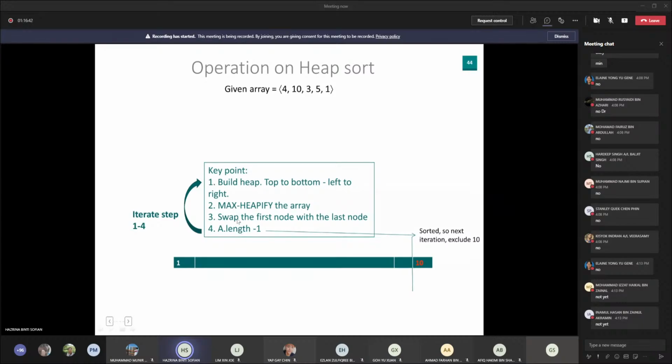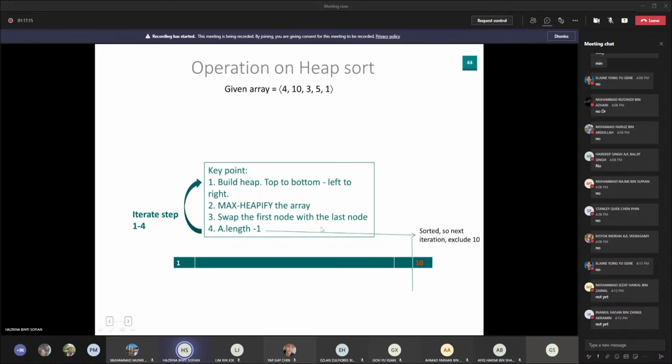Then another 2 key points here. We need to swap the first node with the last node, and lastly, we need to minus 1 from the A length. Usually the last node, later we consider it as sorted, so for the next iteration we can exclude the last node.